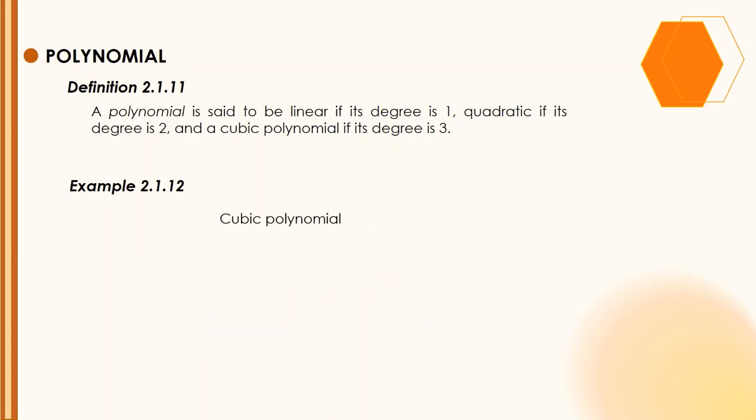For a cubic polynomial: x cubed minus 1, 5xyz minus x plus y minus z, 3x cubed plus 5x squared y minus 7x y squared plus y cubed. So, lahat naman ng equations na ito, ang degree niya is 3, kaya cubic polynomial.